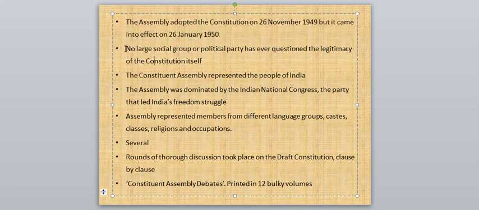Here, there was no large social group or political party that questioned the legitimacy of the Constitution itself. It means almost all the parties were okay with the Constitution. They were happy, and they also contributed to it. They had their say in it, so we didn't have any problem with the Constitution.